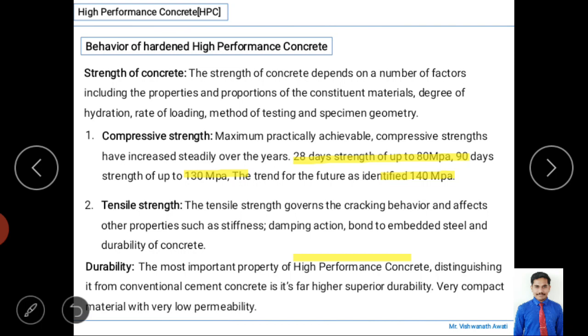I'll repeat, the most important property distinguishing it from conventional concrete is its far higher, superior durability, with very compacted material with very low permeability. It has low permeability as well as high durability, right? So durability is very good, and it is one of the important properties of high performance concrete in a hardened state.